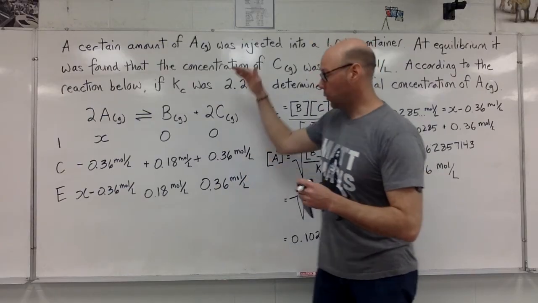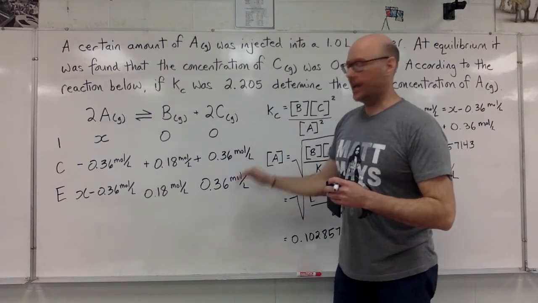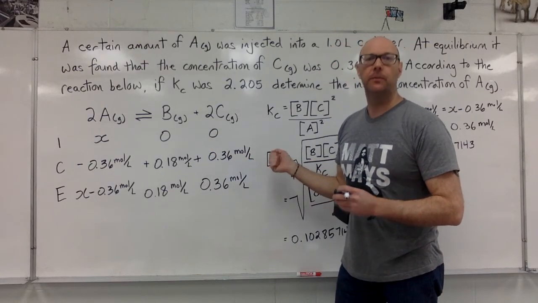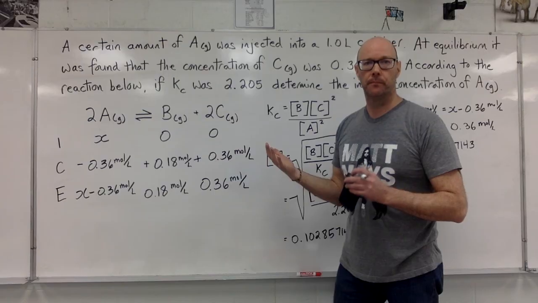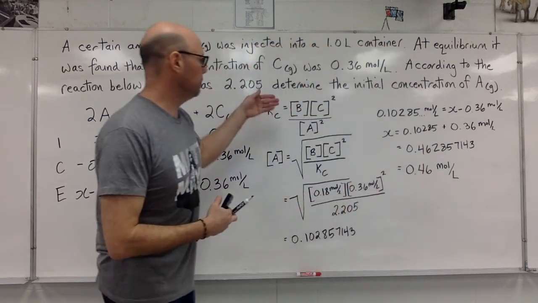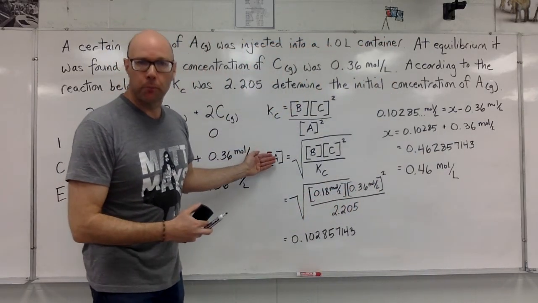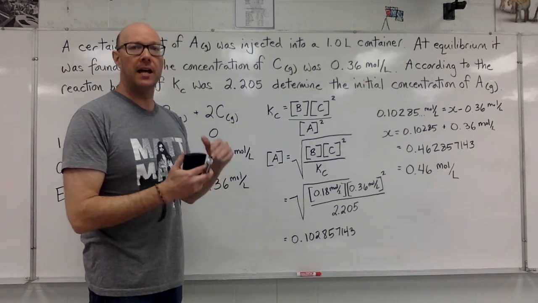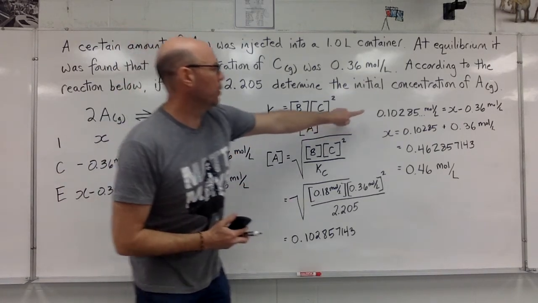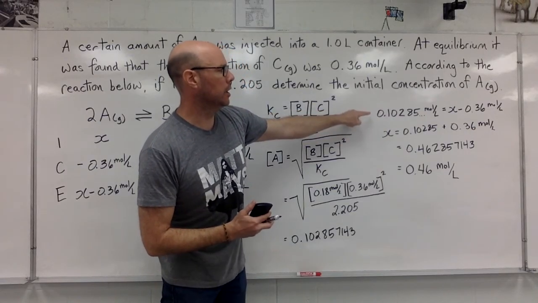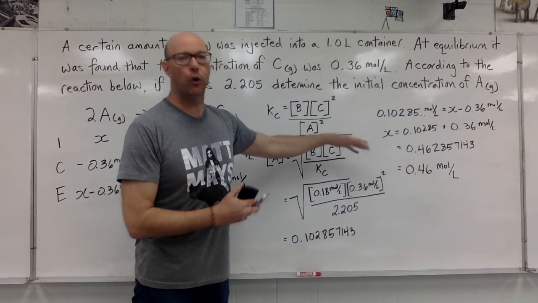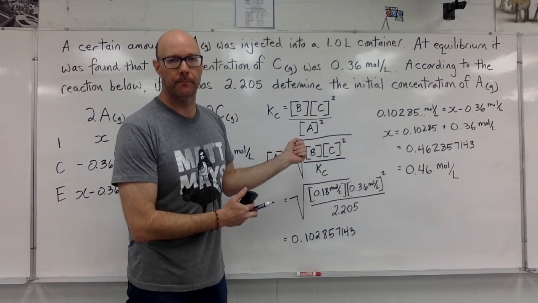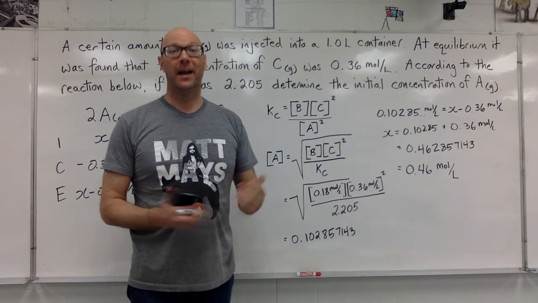Then we do our best to solve the icebox, again, moving from column to column on the change line using mole ratios, set up the equilibrium law, manipulate it appropriately, substitute, solve. Then we have the additional extra step where we had to do the algebra here to work backwards to solve for the unknown initial concentration X. And I hope that helps.